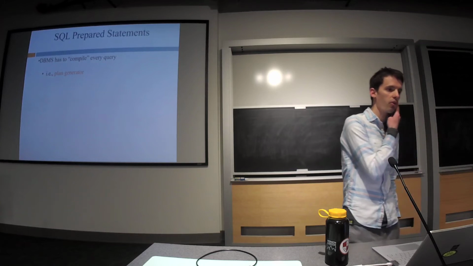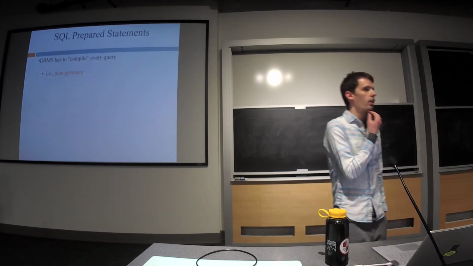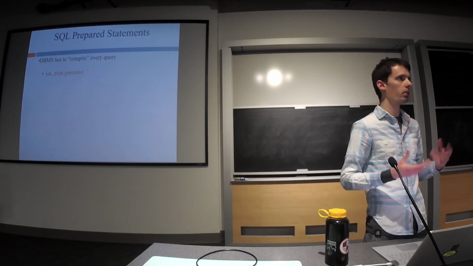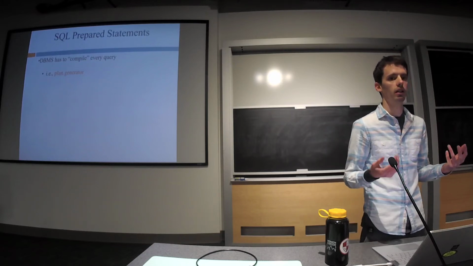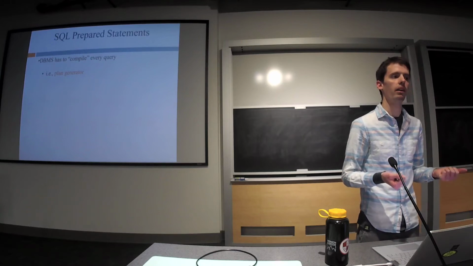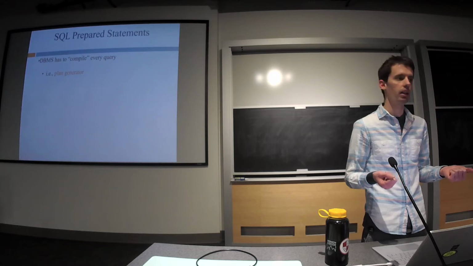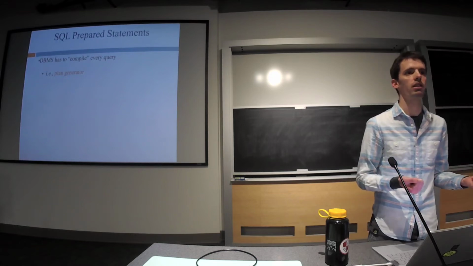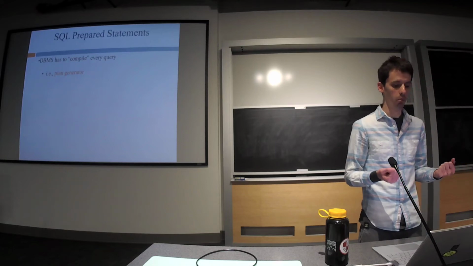This is a performance optimization, because the way the database management system works is it takes your query in SQL format and kind of compiles it. You can think of it like compiling. It'll figure out all of the basic relational operations it needs to do, and then form what's called a plan.